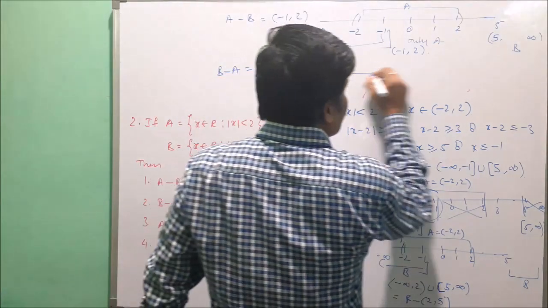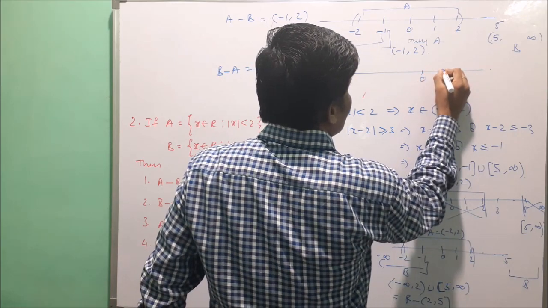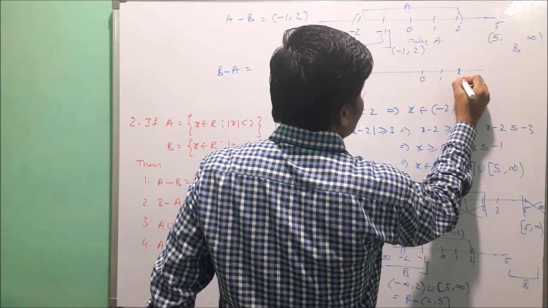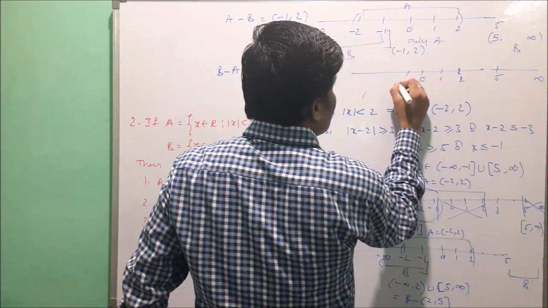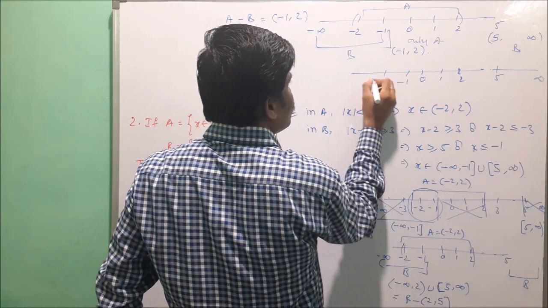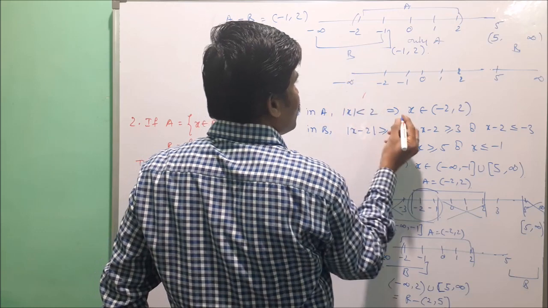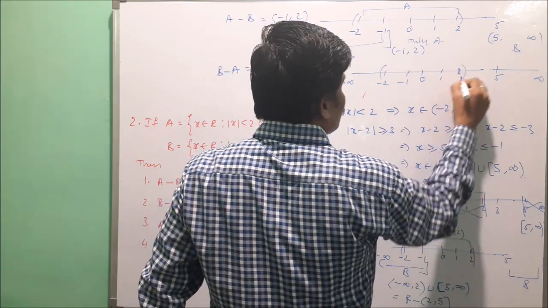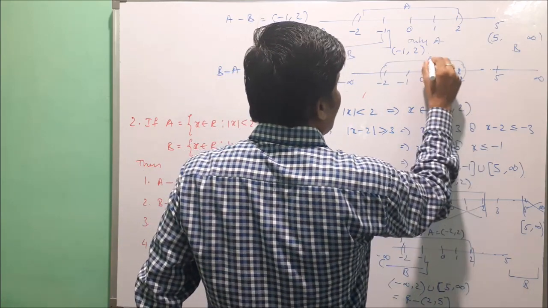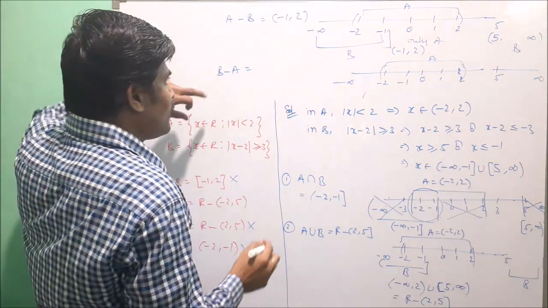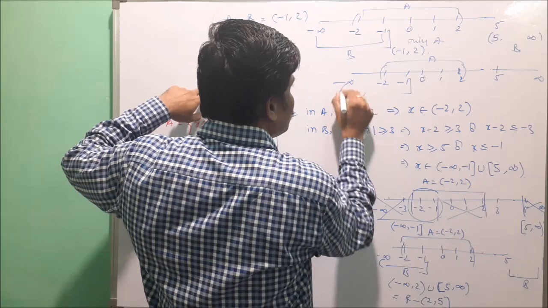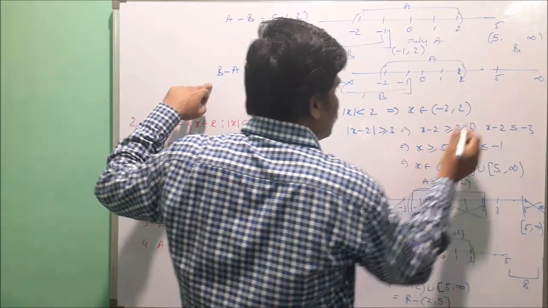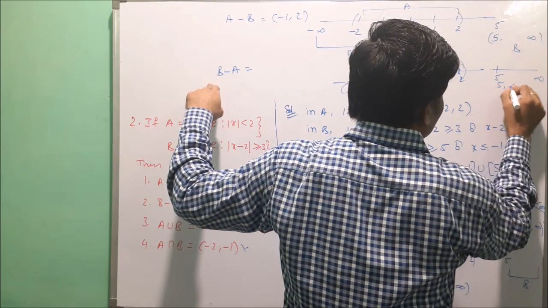Here also we take one number line: 0, 1, 2 up to 5, infinity, minus 1, minus 2 up to minus infinity. Now open minus 2 to 2 is A. B is minus infinity to minus 1 closed. This is also B, 5 to infinity closed.